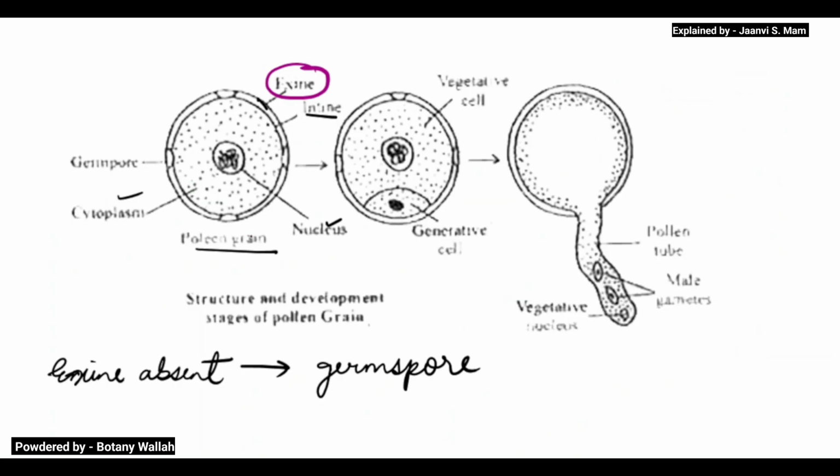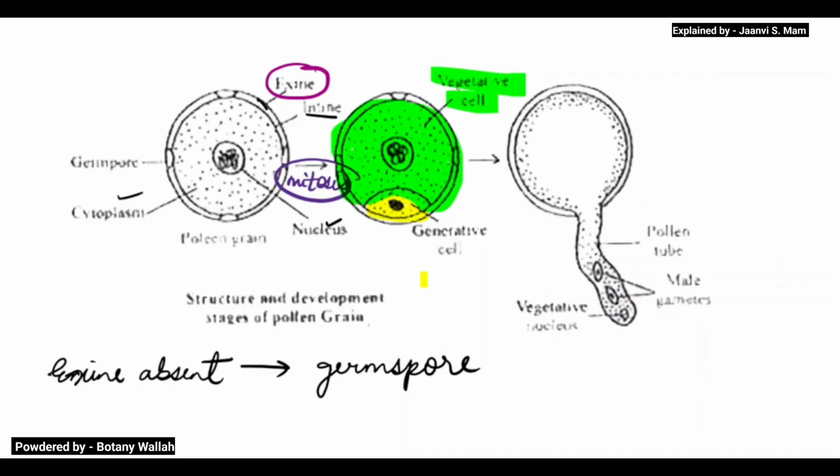And then you can see that the pollen grain undergoes a division which is known as mitosis. And after undergoing mitosis, you can see here there is a formation of generative cell and a formation of vegetative cell. And this vegetative cell and generative cell start their work.